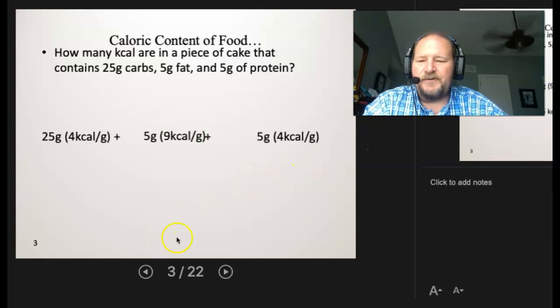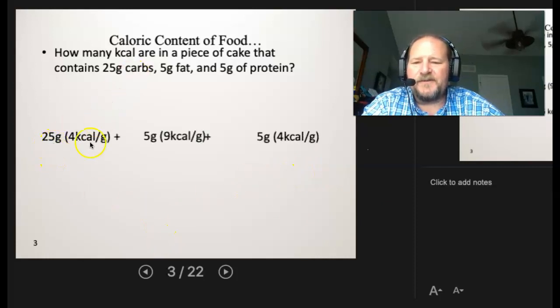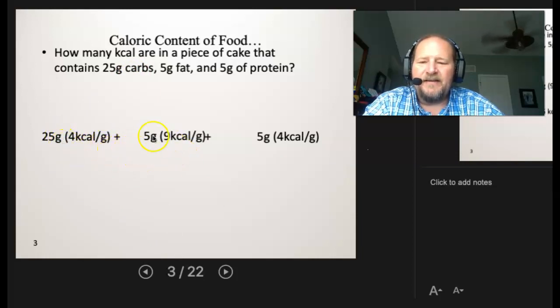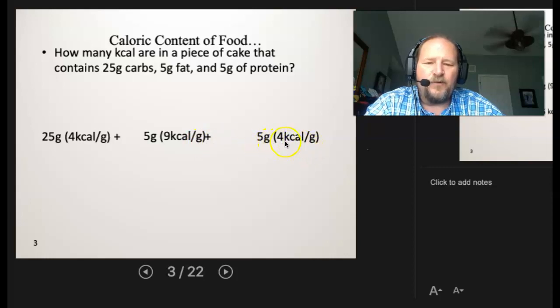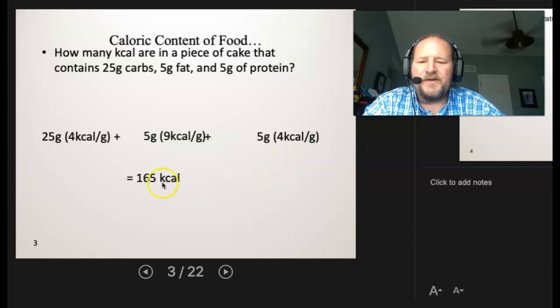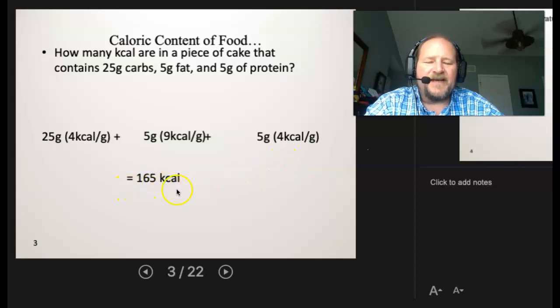And so what you would do is you would take 25 grams of carbs multiplied by that 4 kcal per gram. Here we'd see the grams would cancel out. We'll then add to that the 5 grams of fat at 9 kcals per gram. Again, grams would cancel out. And then finally, we would add the 5 grams of protein to that at 4 kcals per gram. When we sum that out, we get 165 kcals.